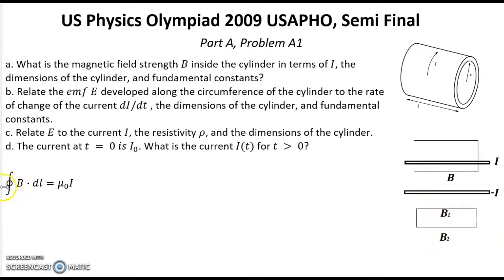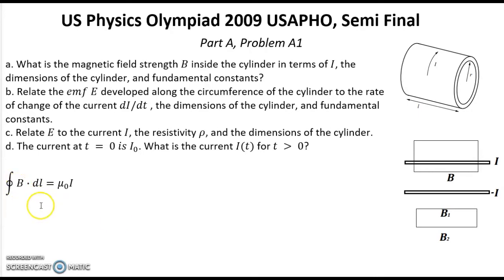According to Ampere's law, we multiply B2 by length L, and subtract B1 multiplied by length L, and that must be equal to mu0 multiplied by the current going through this figure. But there is zero current through this figure. So it means that B1 must be equal to B2.